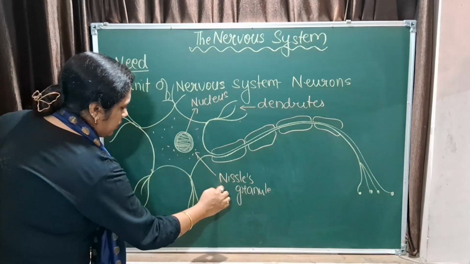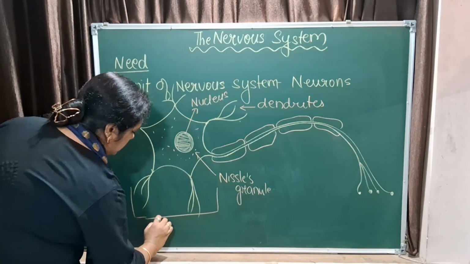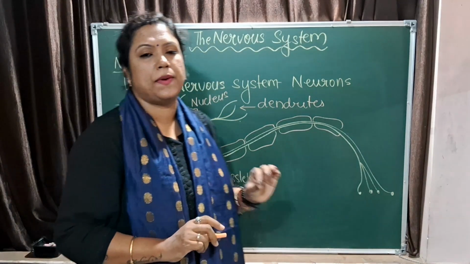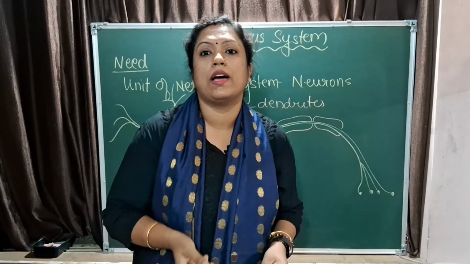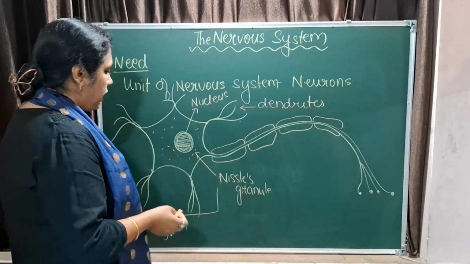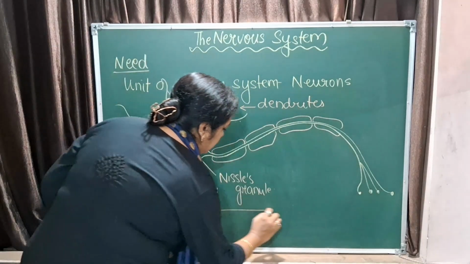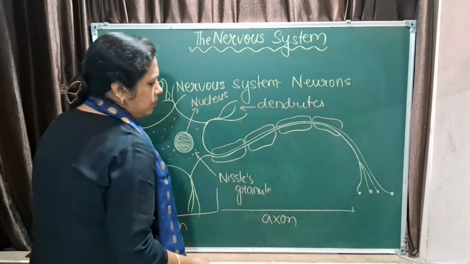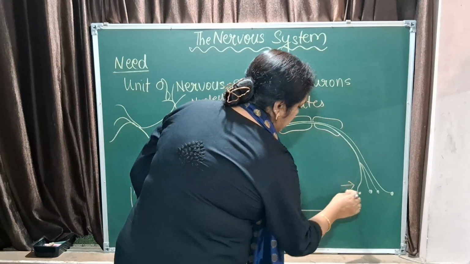Now the head part is called the cyton. The other name for cyton is perikaryon. Peri is surrounding, karyon is nucleus. So perikaryon or cyton, and the remaining part is called the axon. This is the axon terminal.